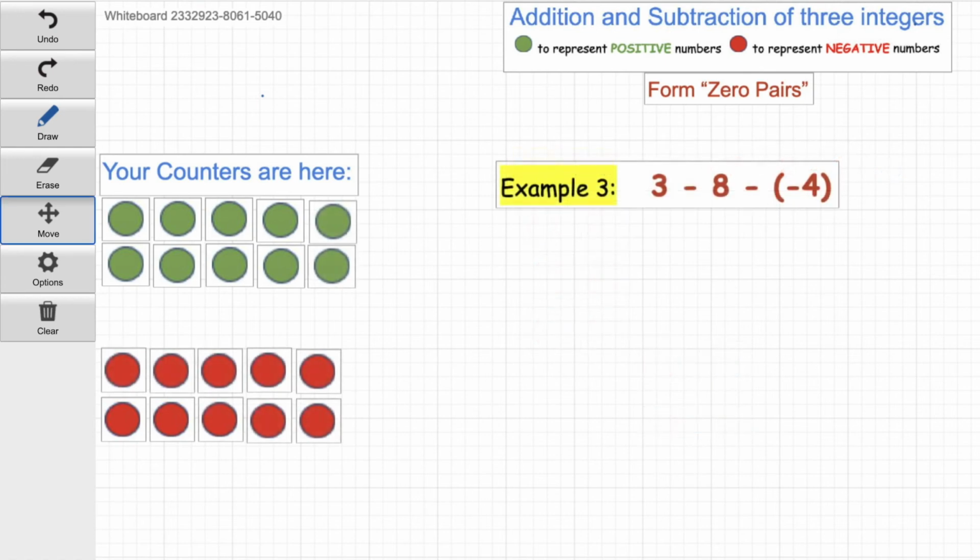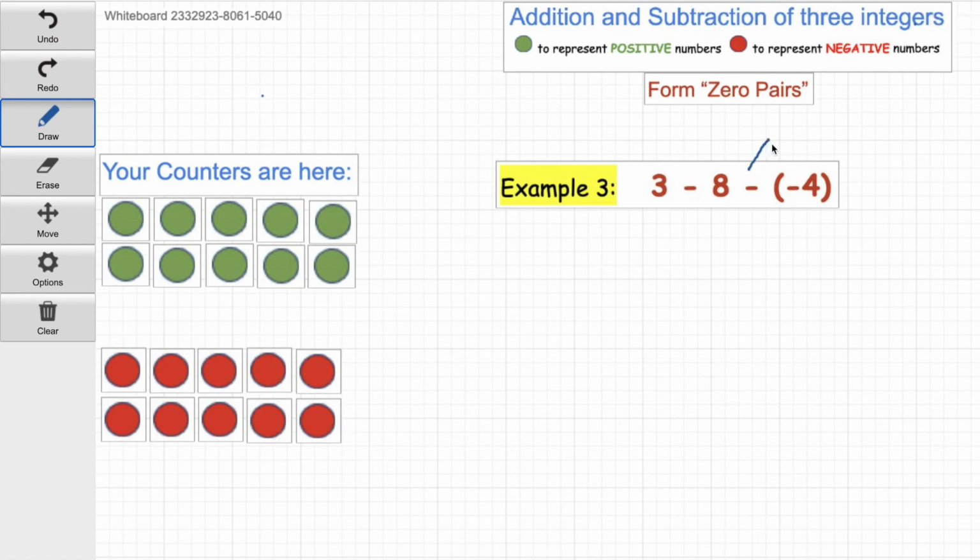In our final example, we have 3 minus 8 minus -4. Now, as you can see, the difference with this question is that we have two negative signs beside each other. So what we need to do is to achieve a single sign.